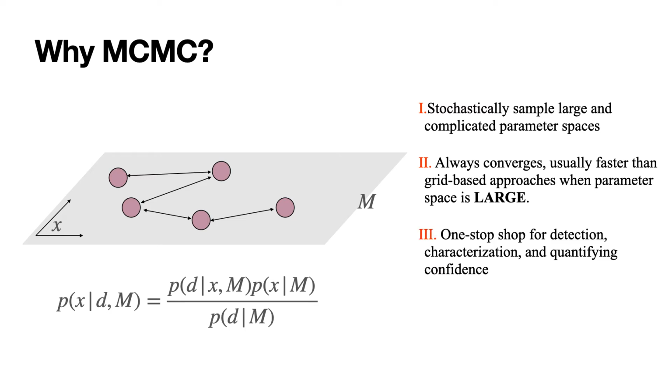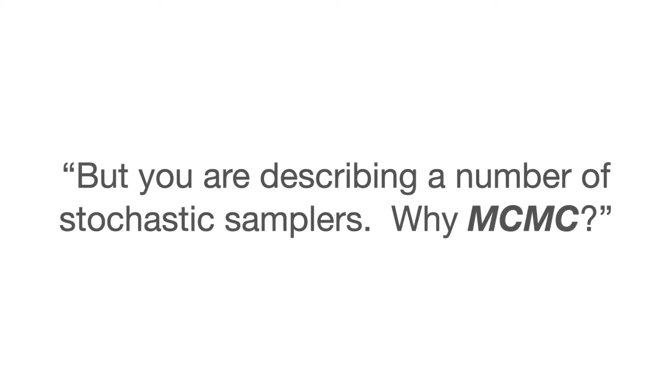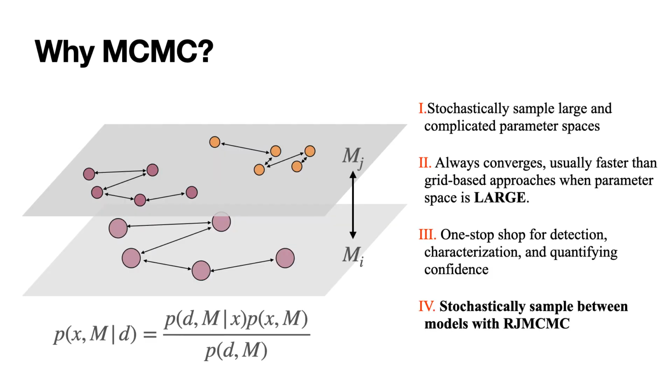The MCMC results can also be used as a one-stop shop for source detection, characterization, and quantifying confidence in a detection candidate. Now you might say that what I've described here is any stochastic sampling algorithm. There are a large number of algorithms that can do this. So what is so special about the MCMC?